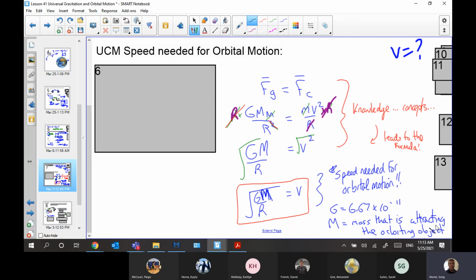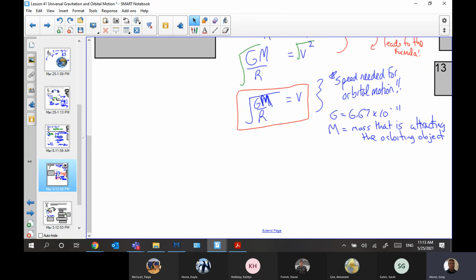Okay, so the mass that's attracting the orbiting object is that M, and then R is the radius of the orbit. I don't know why they use big R here. It's pretty common, so I went with it, but it's annoying. Anyways, this is the radius of the orbit.